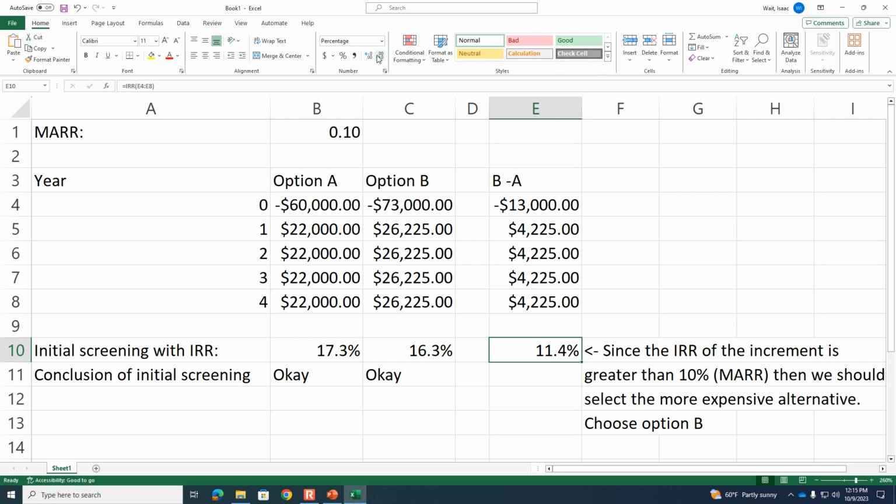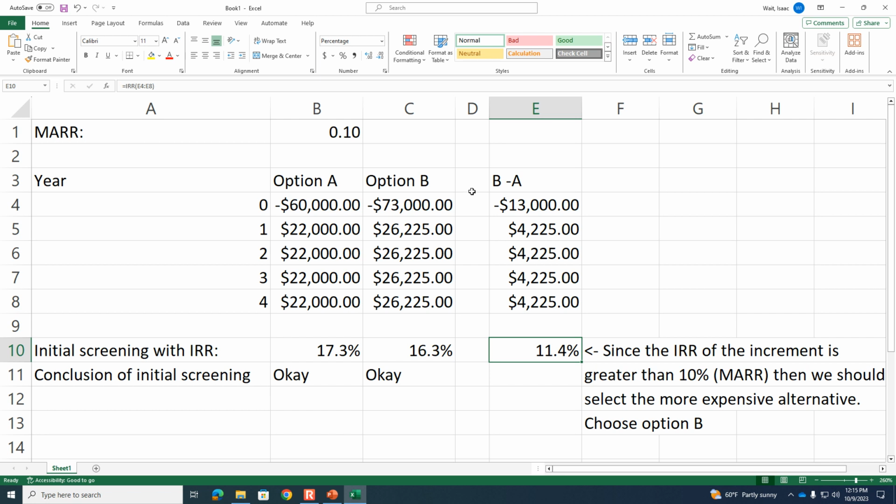Like if you could go to one bank and borrow money at 10%, then go next door to the other bank, put it into a deposit, and that deposit pays 11.4%, you should definitely take that deal. So that's basically what this incremental analysis is saying: are you making more or less than what you consider the minimum attractive rate of return for this original investment?